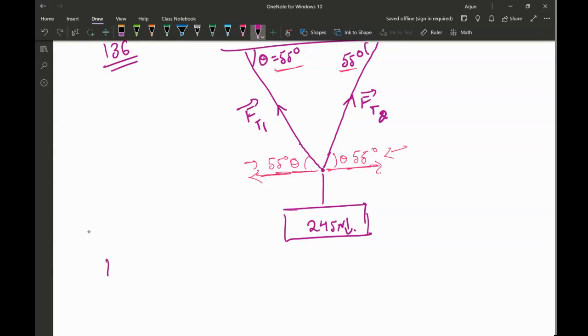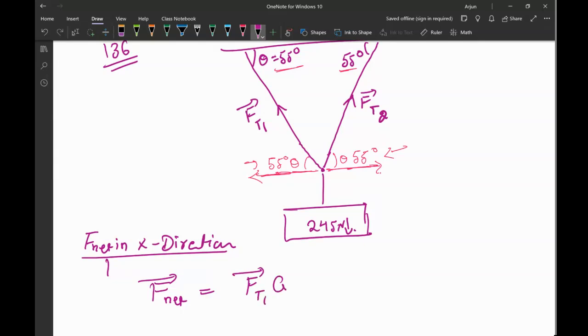Now I'll write down f net in x direction. So that will be f net equal to negative ft1 cos of 55, because this is going to become a cos component. Again, if someone is having confusion, this is how we are doing it.